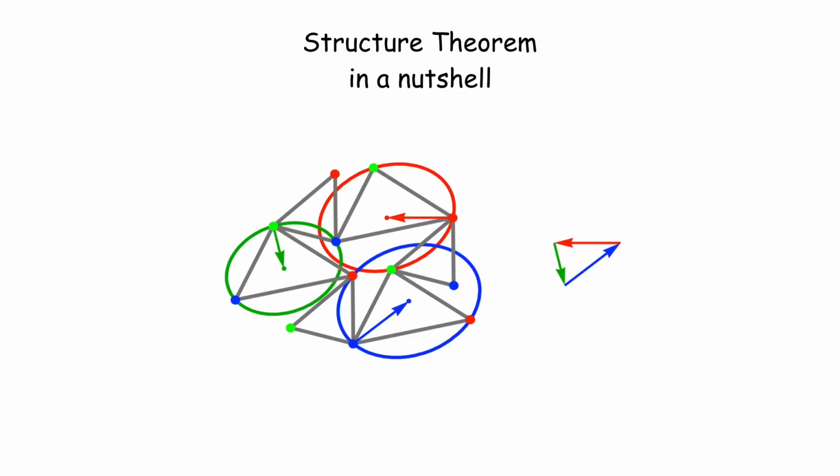If I move to a green vertex, I need an ellipse through it and its connected blues. And if I move to a blue, I need an ellipse through its connected reds. So I will need 3 ellipses.